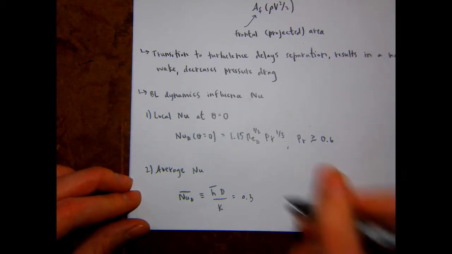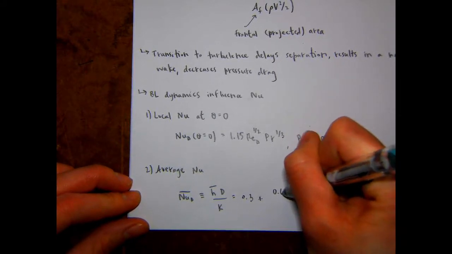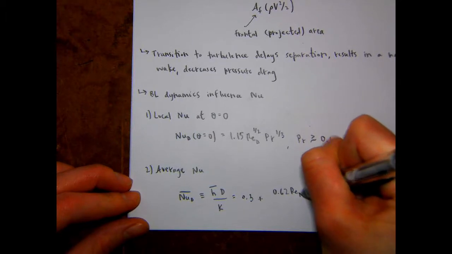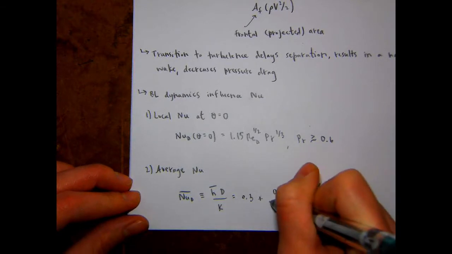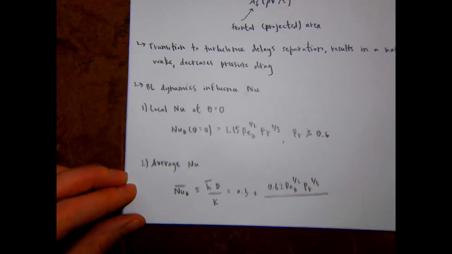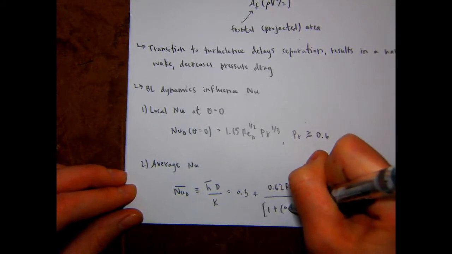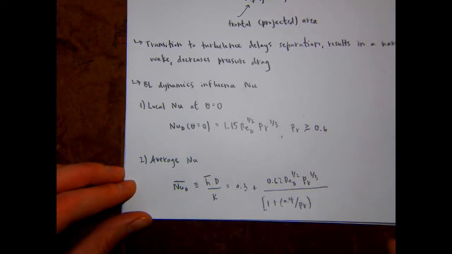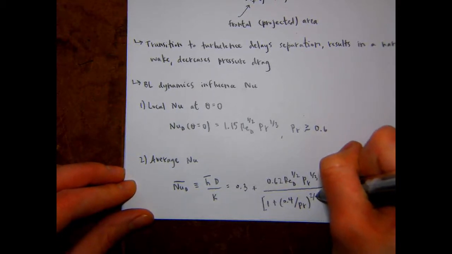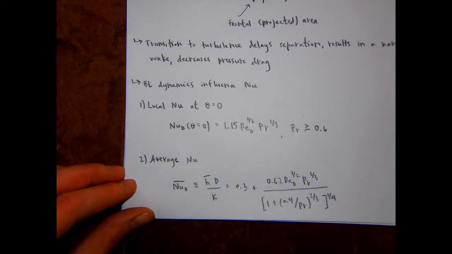So 0.3 plus 0.62 times the Reynolds number to the 1/2, Prandtl number to the 1/3, over 1 plus 0.4 divided by the Prandtl number, that quantity to the 2/3, and then the entire denominator raised to the 1/4.